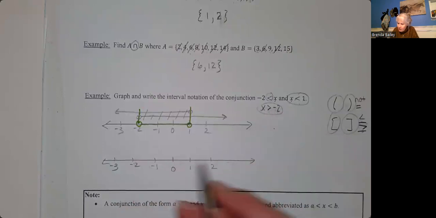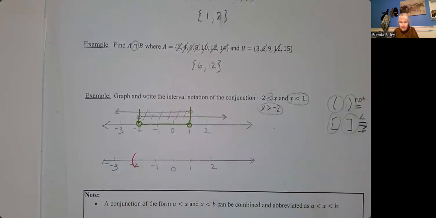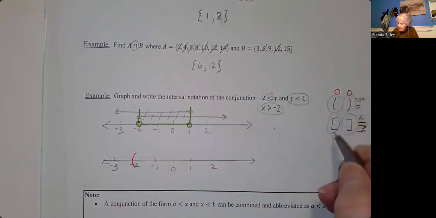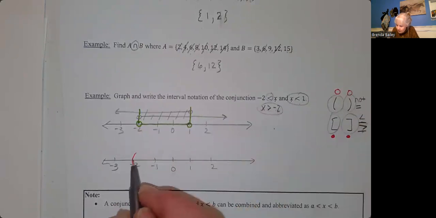So you're going to be going to the right, so your parentheses goes to the right at a -2, rather than an open circle, parentheses. So this corresponds to an open circle, and these correspond to closed circles. Now we want x's that are bigger than a -2, so it's going to go to the right, this way.